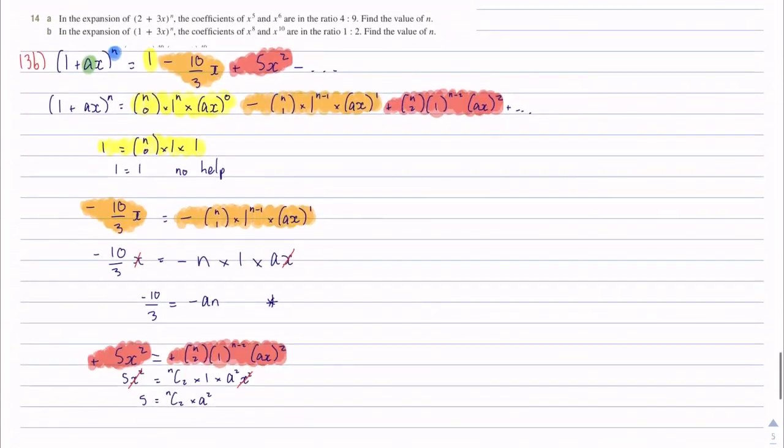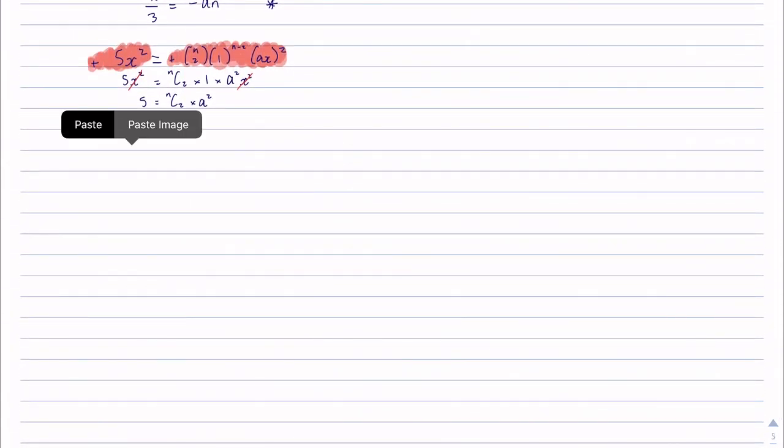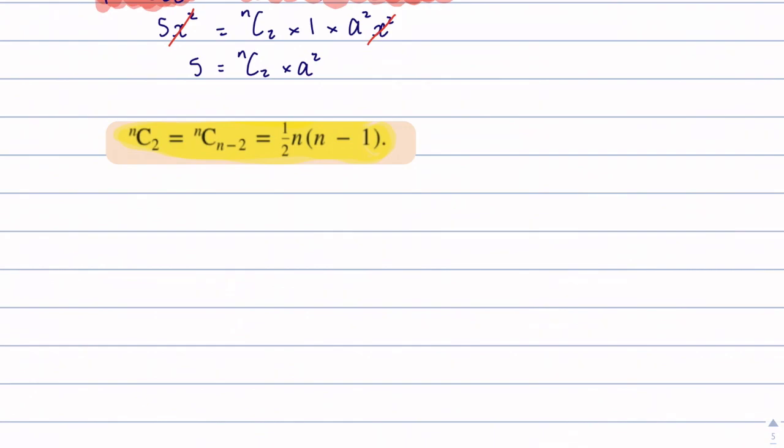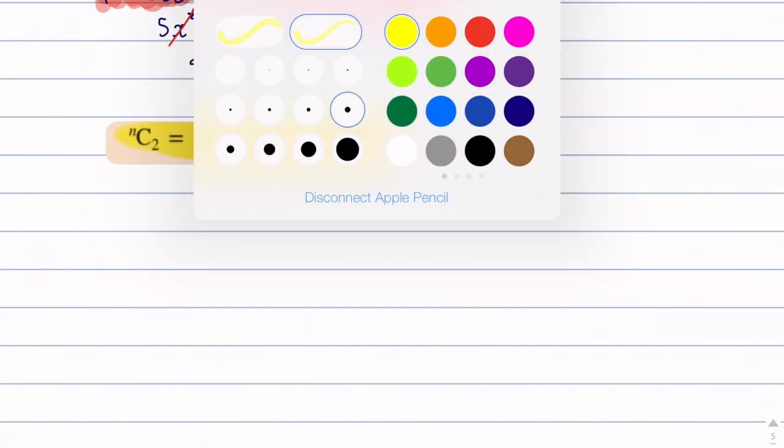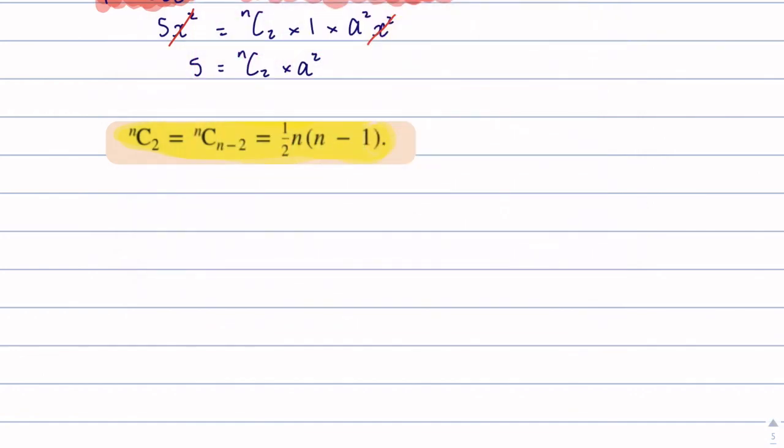This will be very useful. So this nC2, I'm going to highlight it in pink, equals this thing, so that's what I'm going to replace that with.